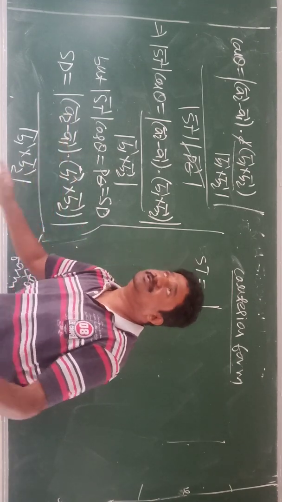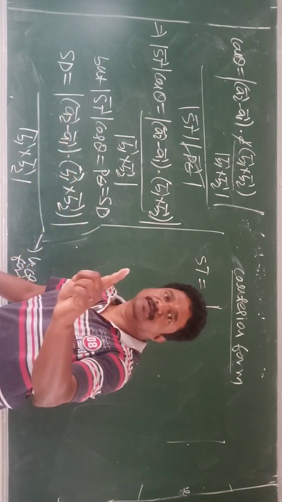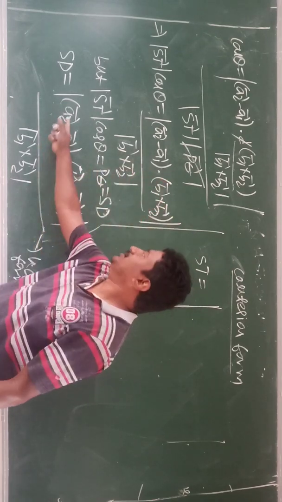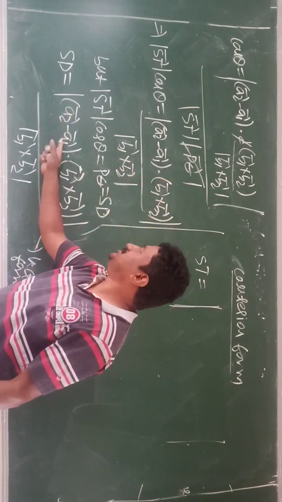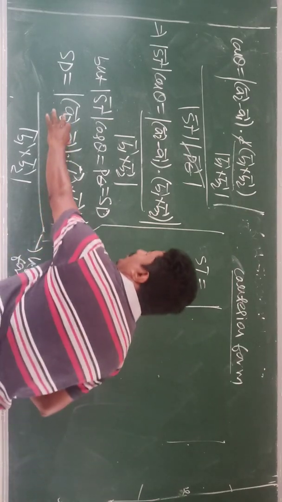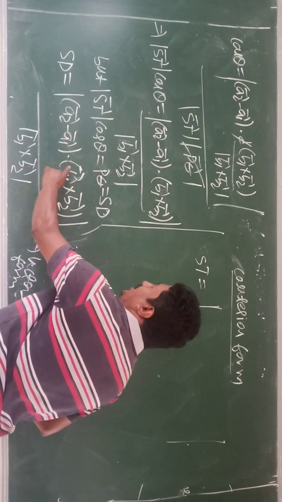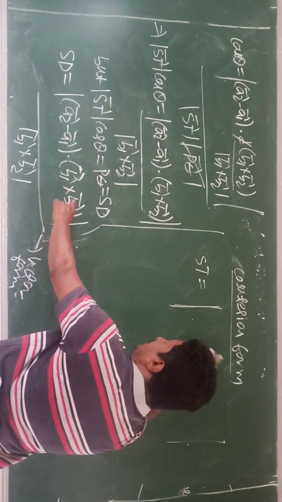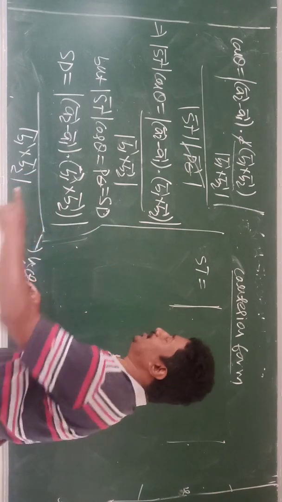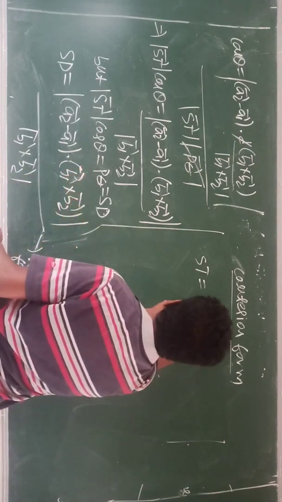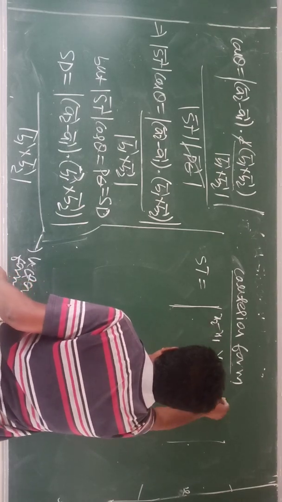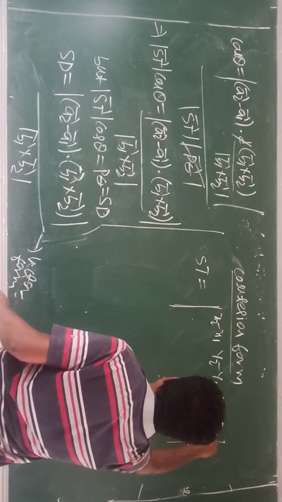A2 minus A1 means x2 minus x1, next y2 minus y1, next z2 minus z1. Subtract one from the other. Now you write the components of A dot B cross C as a determinant. Write the components of A2 minus A1: x2 minus x1, y2 minus y1, z2 minus z1.